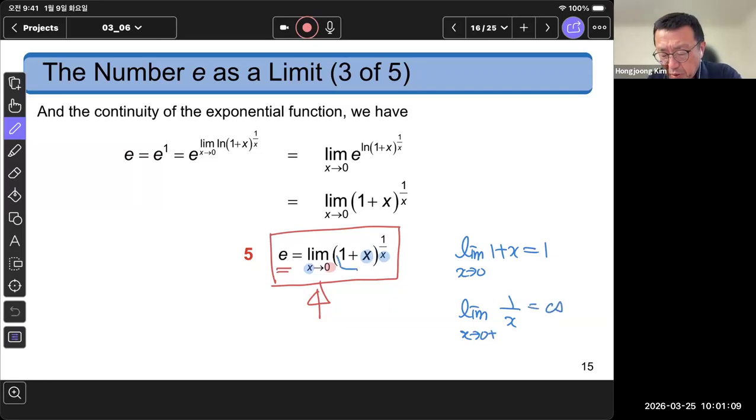So the expression in the base is approaching the value 1, and the exponent is increasing. And at that point, this whole mixture is approaching a constant value, which is slightly greater than 2. Okay, e is 2 point something, right? So the limit exists and the limit value will be 2 point something, which is e. So this is a very remarkable and useful fact.